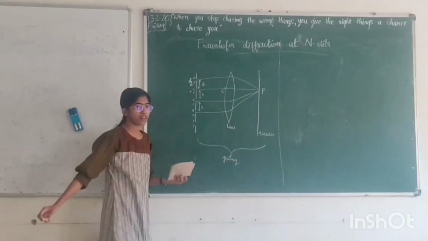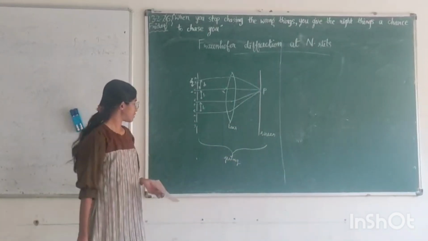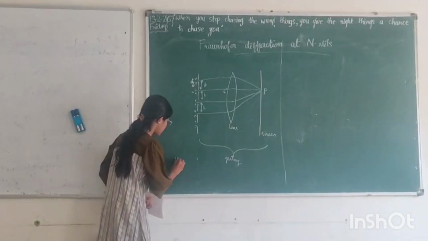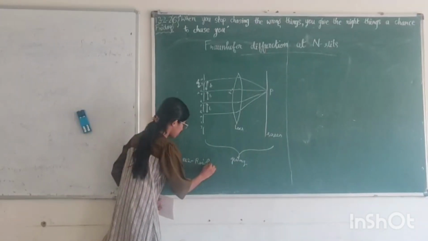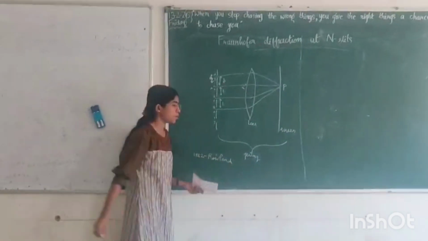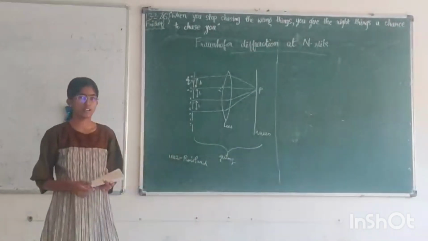This grating was first constructed in 1882 by Rowland, and it is a very important apparatus in spectroscopy and quantum mechanics.